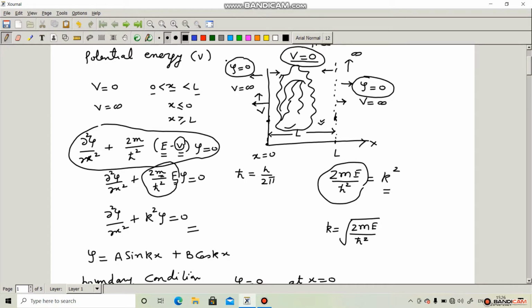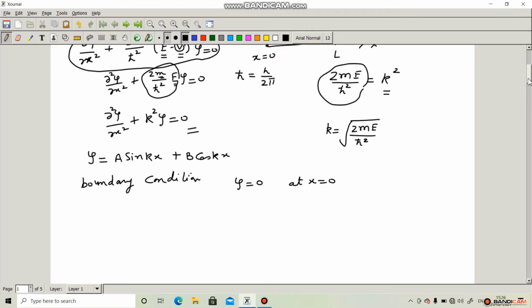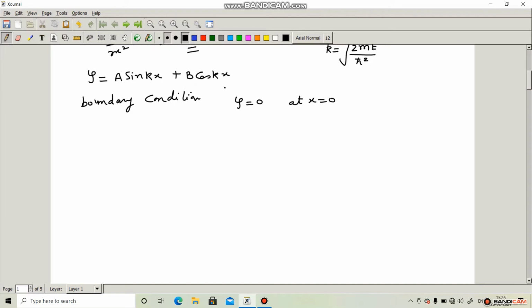Similarly, at x equal to L, again psi is 0. At x equal to 0, psi is 0. These are the boundary conditions, and we apply these boundary conditions in the solution of the equation when psi equal to 0 at x equal to 0.